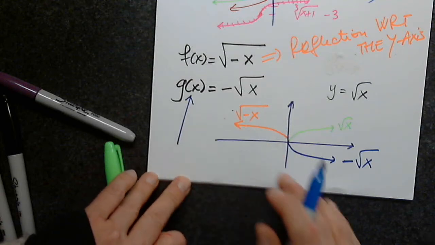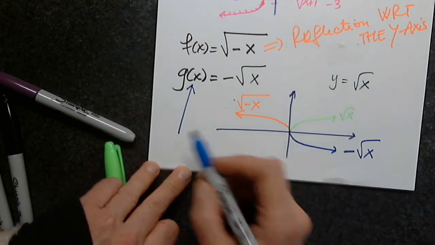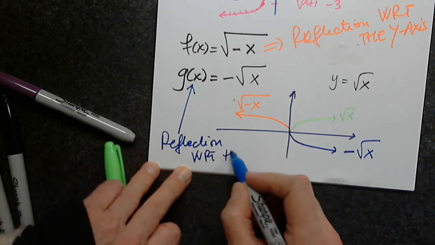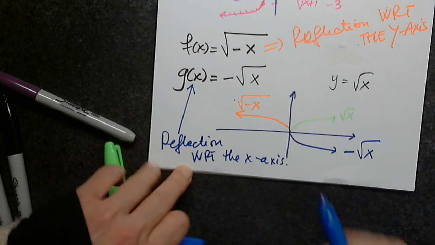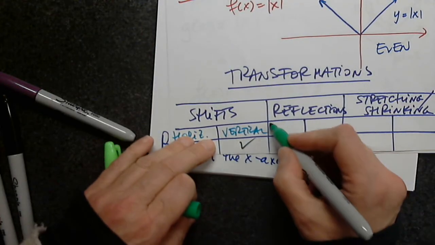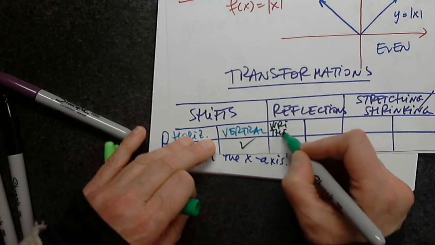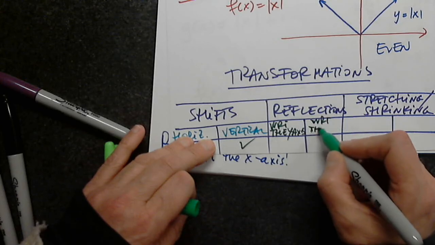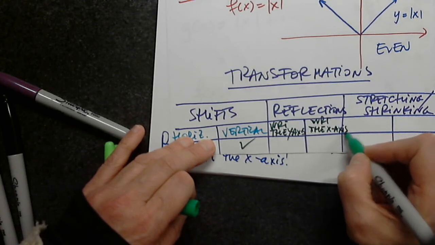So this transformation is a transformation on y, a reflection with respect to the x-axis. Any questions so far? So we check the reflections now with respect to the y-axis and with respect to the x-axis. Check, check.